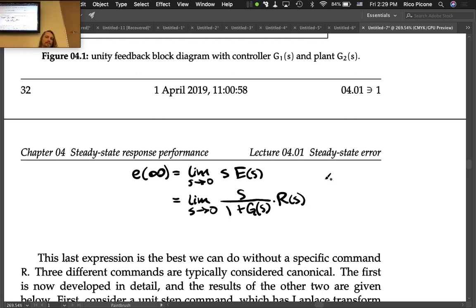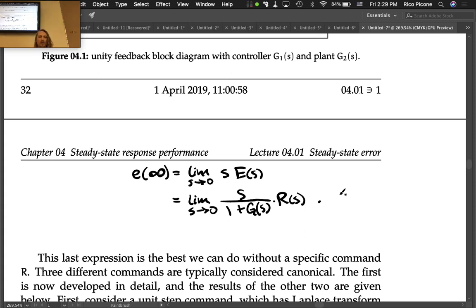Okay. This last expression is the best we can do without a specific command r. Okay, we need to know what r is in terms of being able to compute this limit.